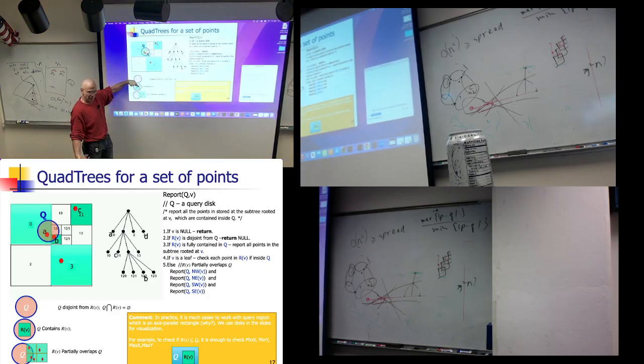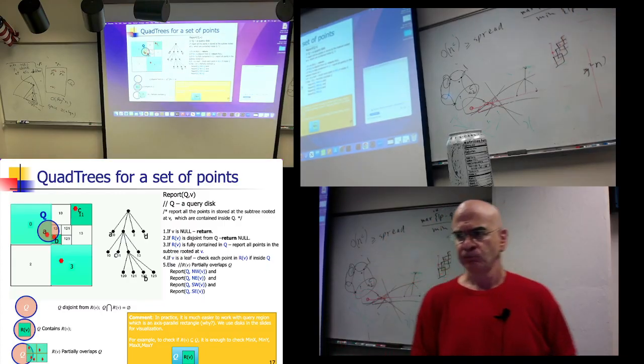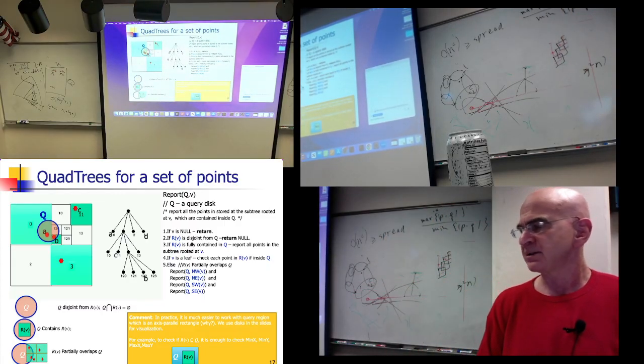If you report them, or report the maximum like in the puzzle earlier, or just need to report each individual point, it's the same. And lastly, if neither of these cases happens, then you're hoping at least that v is a leaf, and then it has a single data item that you need to check individually: is this inside the disk or not? But if v is not a leaf, then you just check each one of its children and run it recursively. And that's true for all the trees that we've seen.